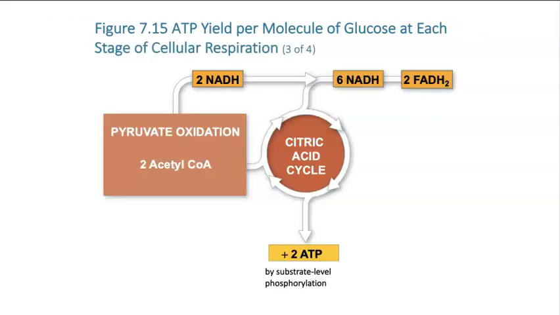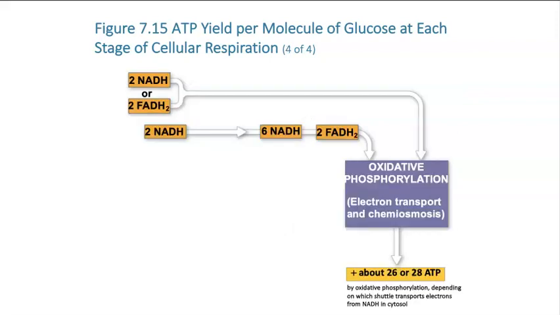Again, with pyruvate oxidation, 2 NADHs and 2 acetyl-CoAs, and those acetyl-CoAs go into the citric acid cycle, where we make 6 NADHs, 2 FADH2s, and 2 ATPs through substrate level phosphorylation. And finally, we take those NADHs and FADH2s, run them through the electron transport chain and chemiosmosis to get our final product.